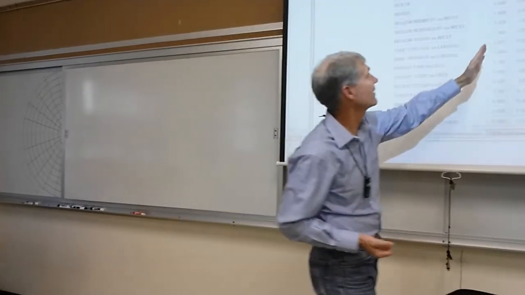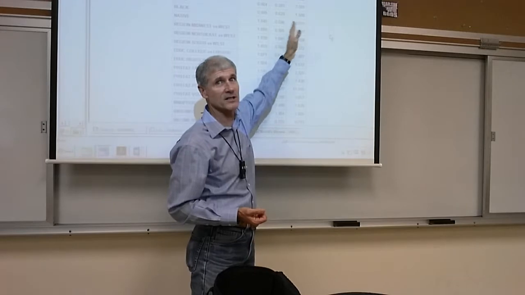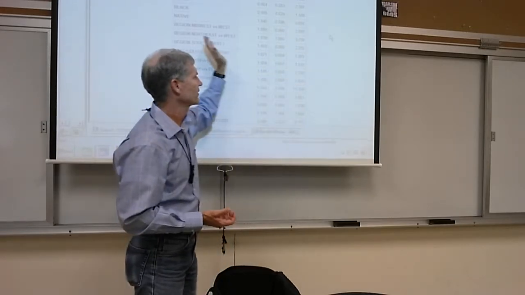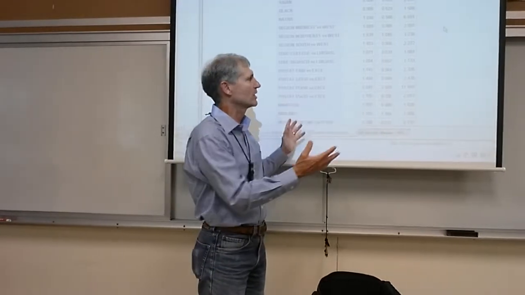What's the null hypothesis? What value of odds ratio would you get if there's no change in odds? 1. So you're looking at whether this confidence interval contains the number 1. If it does contain the number 1, then you fail to reject the null. It does not seem to be an important predictor. But if it excludes 1, then you say, hey, that's an important predictor.